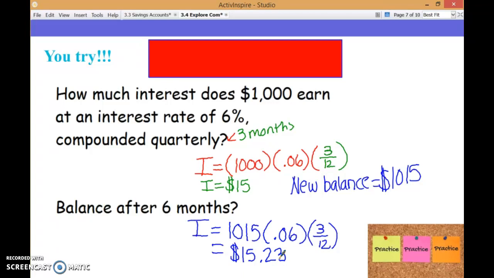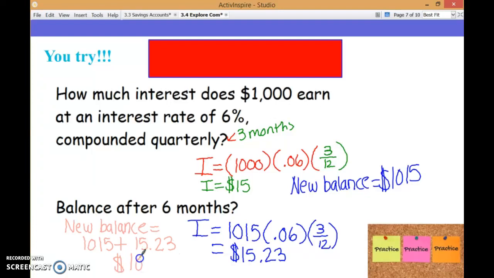So therefore, I know it doesn't ask for it, but let's just talk about this. Our new total, or my new balance, is going to be my balance from the last one, which is 1,015, plus $15.23 more in interest.